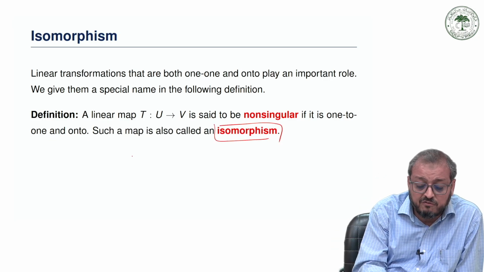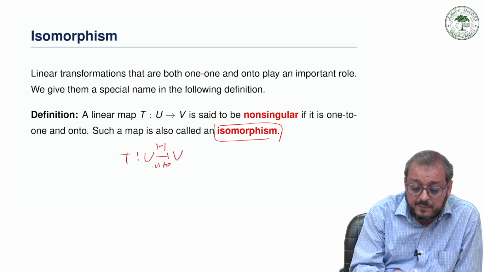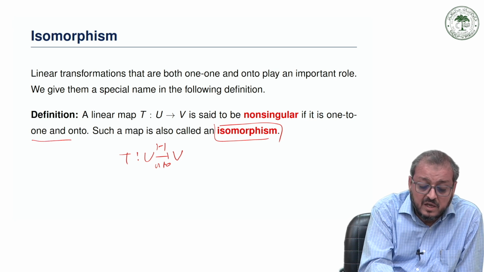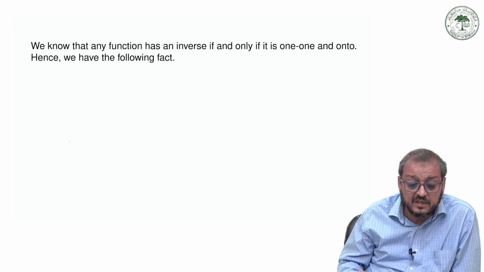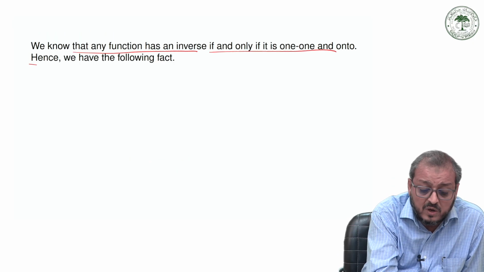Clearly, if we have T from U to V that is one-to-one and onto, then we have a bijective map.